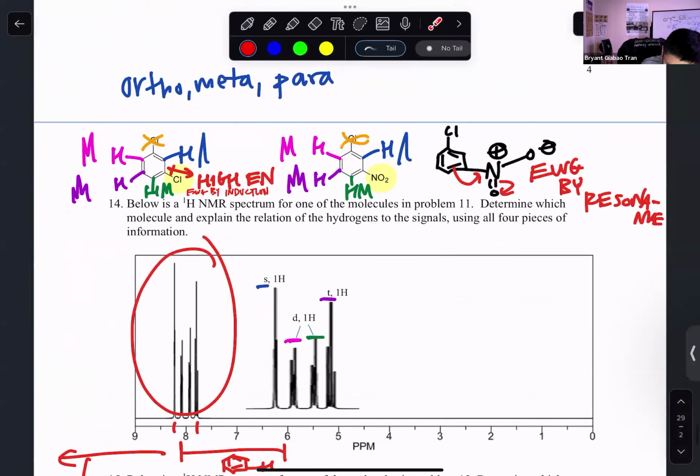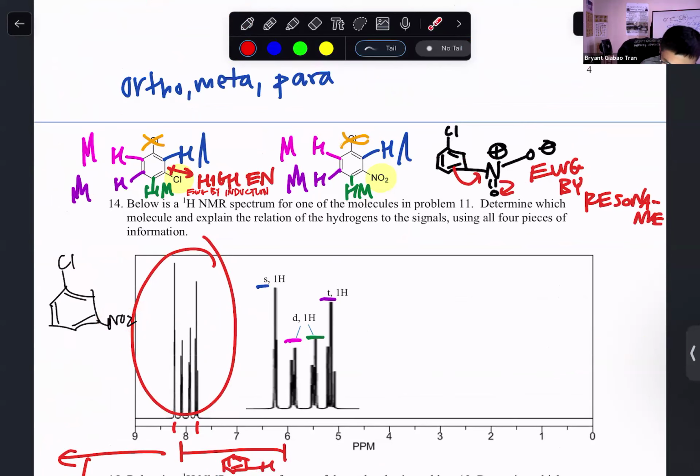Right. So our molecule here would be this group with the NO2. Because the NO2 is a very strong electron-withdrawing group that de-shields the benzene peaks to the left.